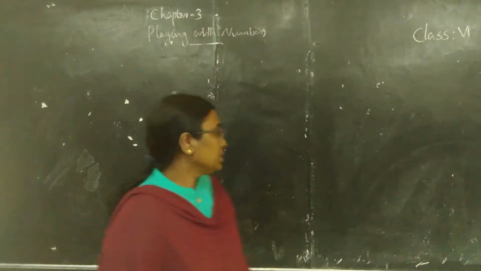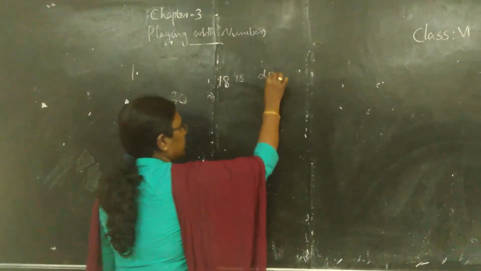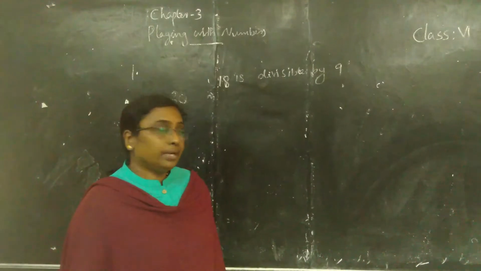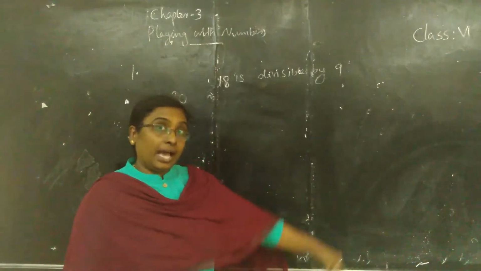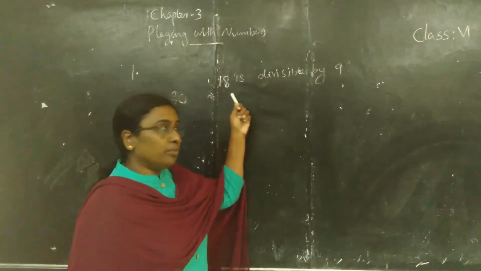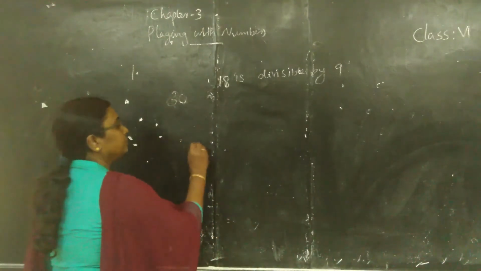Okay, first one is, we know that 18 is divisible by 9. That is, if a number is divisible by another number, then this number is divisible by each of its factors. What are the factors of 9?